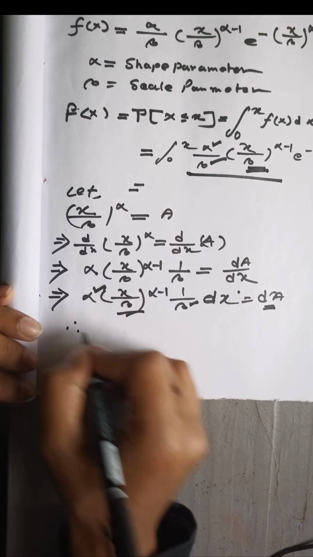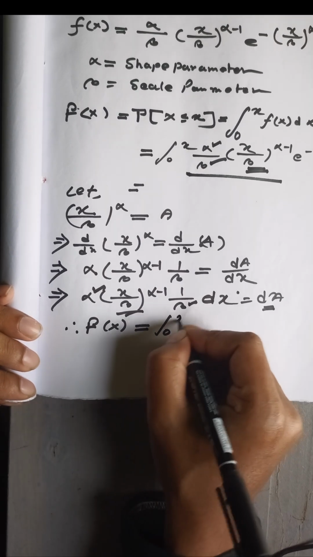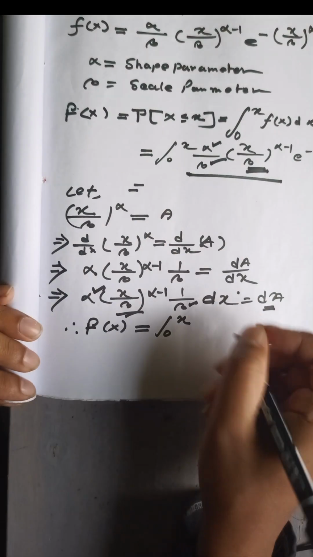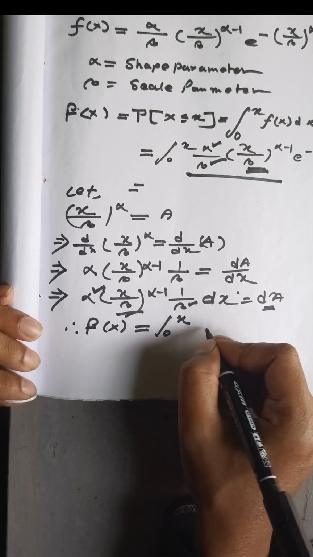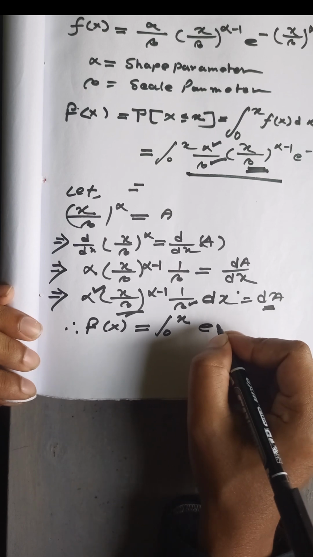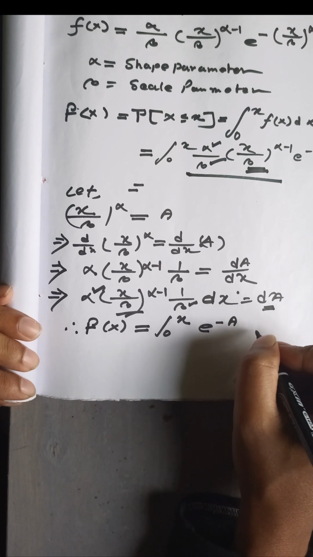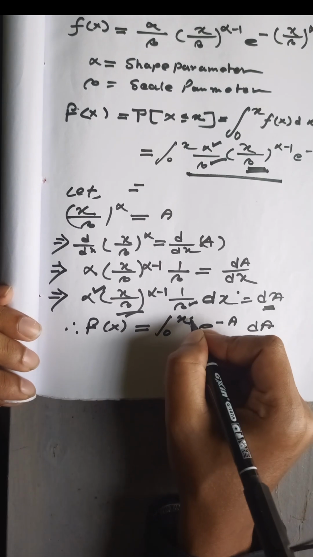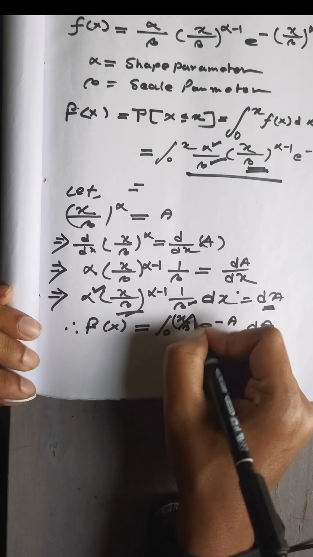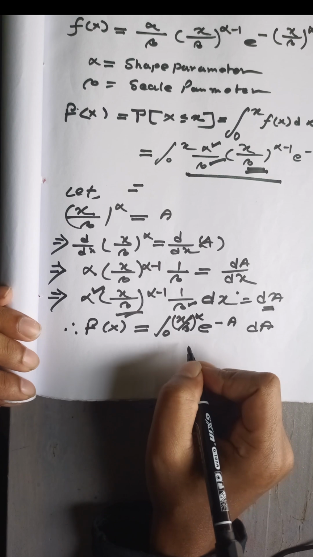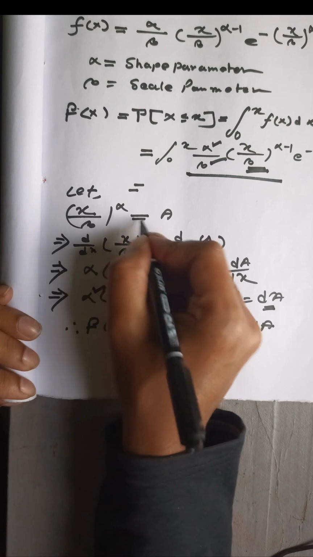So now we can write F(x) is equal to the integration from 0 to x of e to the power minus a dA. We cannot write x, we have to write (x divided by beta) whole to the power alpha, because we replaced the whole thing with a.